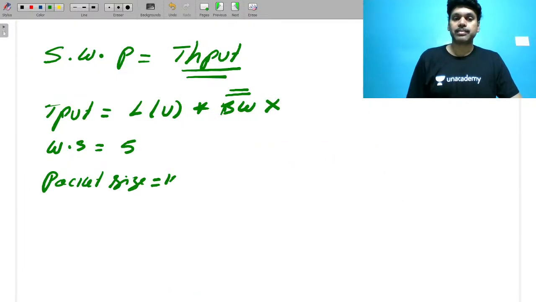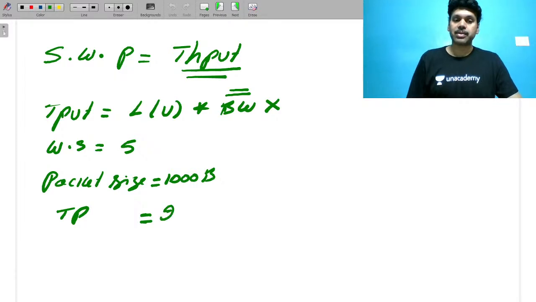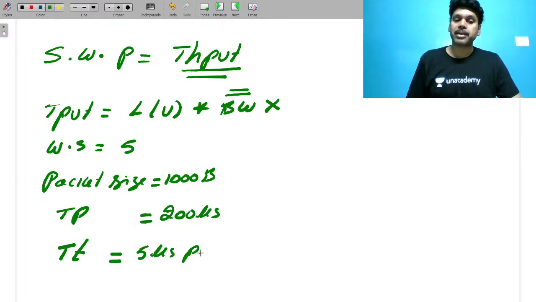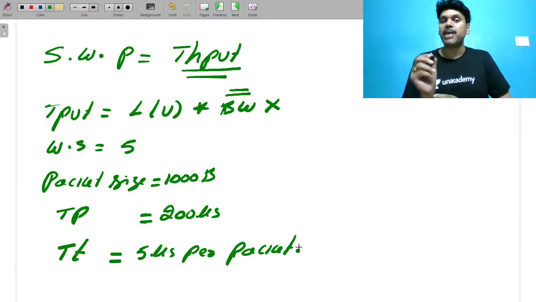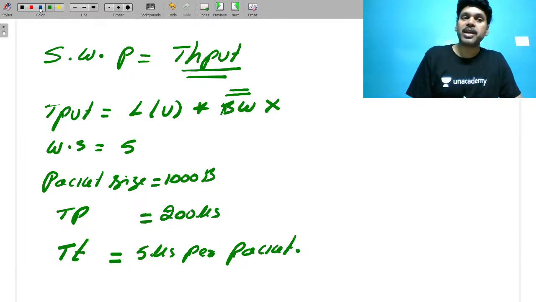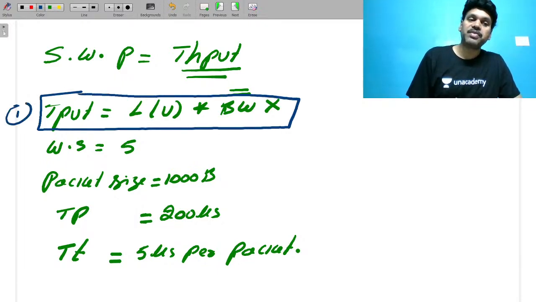And your TP is given, 200 microseconds, and TT is also given, 5 microseconds per packet. So using this TT into L, you can find bandwidth, so that I can find using this equation, no doubt. But you can also find the throughput in a different style.